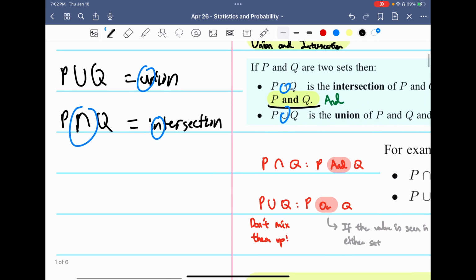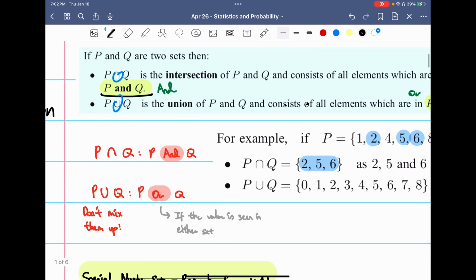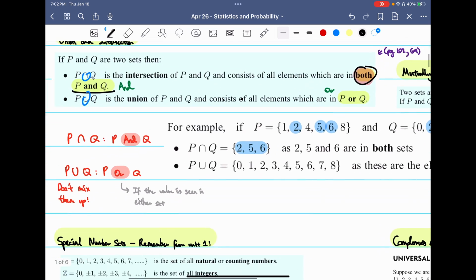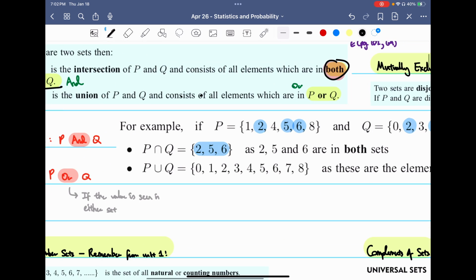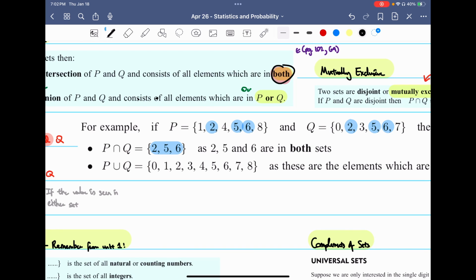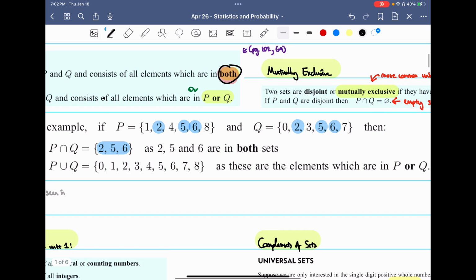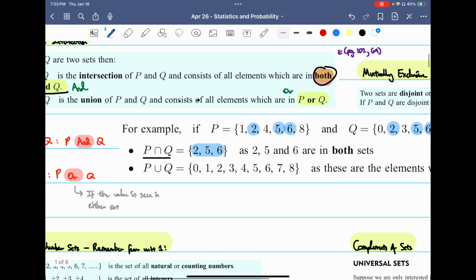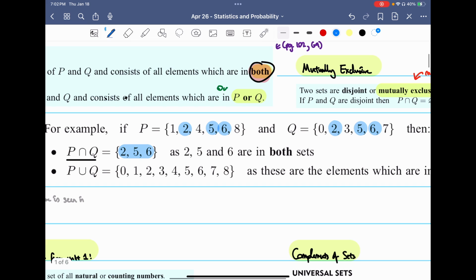Then, what are union and intersection? Well, intersection is when there are overlapping numbers between two sets. This can be seen through the question here. For example, if there's a set named P with the values 1, 2, 4, 5, 6, 8, and a set called Q with the values 2, 5, 6, then P intersection Q would be the same numbers that exist within the different sets.